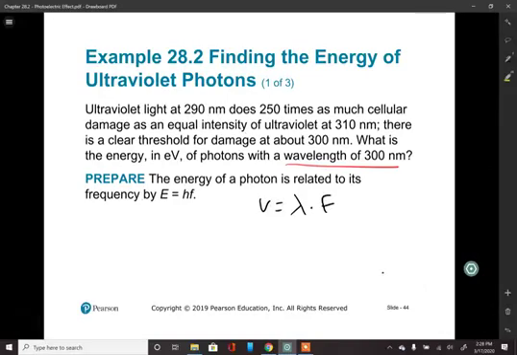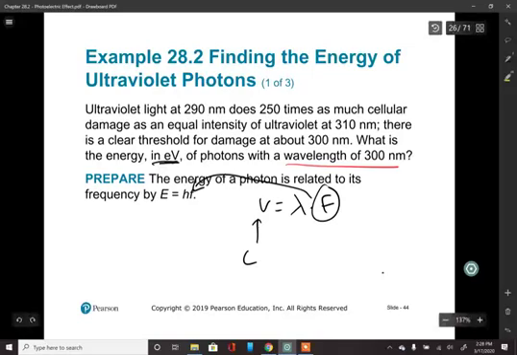We know the wavelength. We know that this is c, the speed of light, because we're talking about light still. That doesn't change. And so we can find the frequency. And then once we know the frequency, we can plug it into our new relationship for the energy of a photon and find the energy from the frequency.